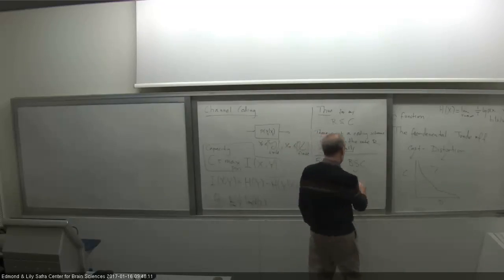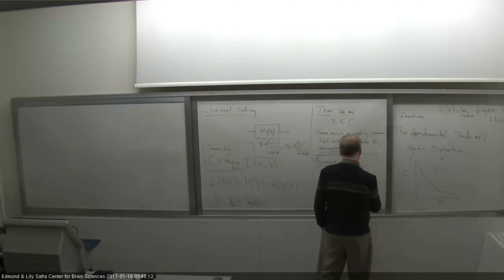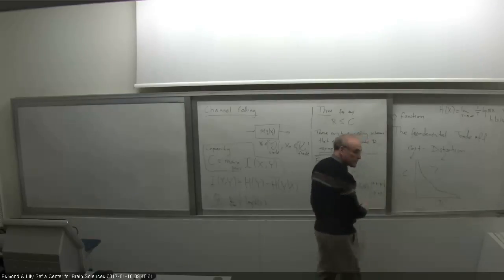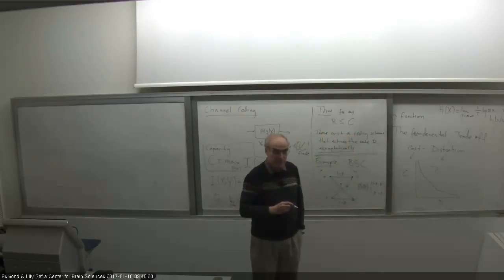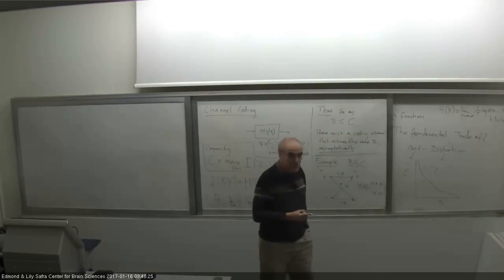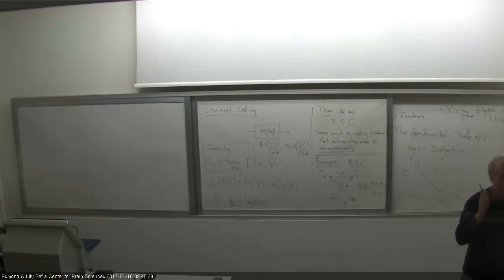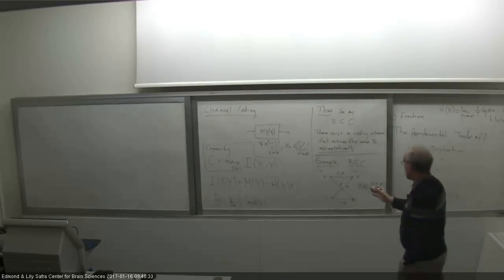So the conditional probability is a 2 by 2 matrix: 1 minus p, p, p, 1 minus p. This is the communication matrix. This is maybe the simplest possible channel you can think of. It's a binary communication.